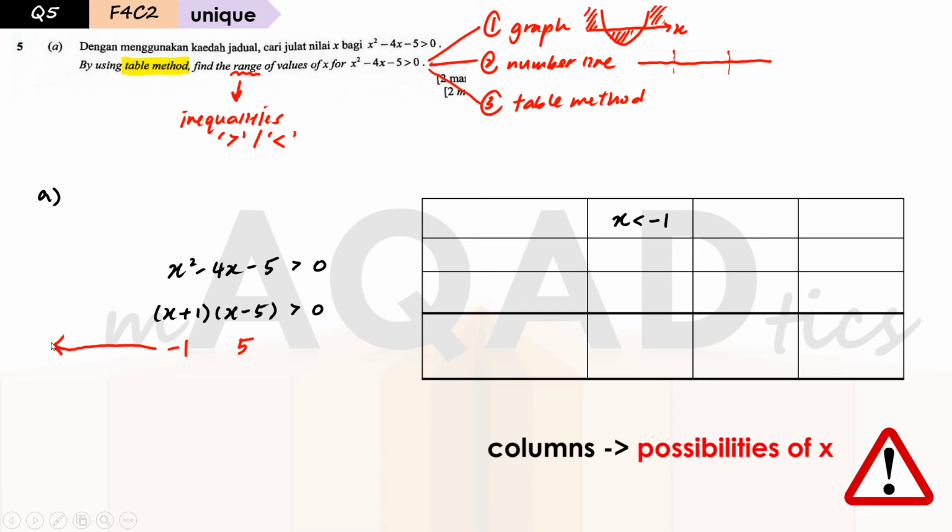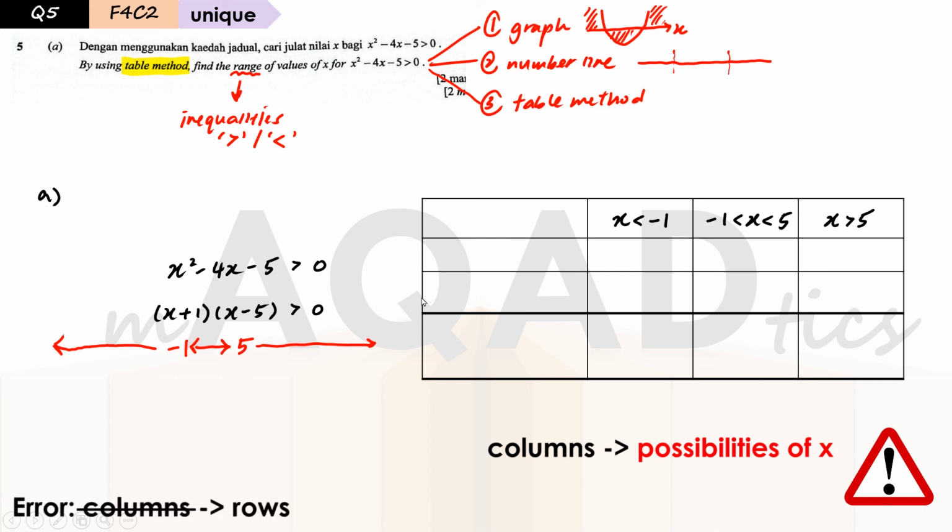The second possibility is the values between our two x values, negative 1 and 5. The last possibility is the x values which are greater than 5. So these are our 3 possibilities of x according to our two values of x.